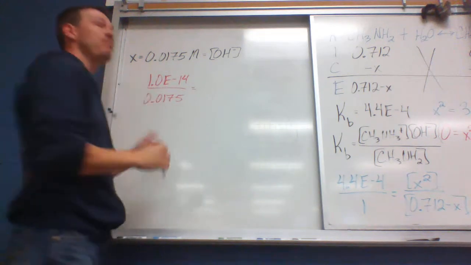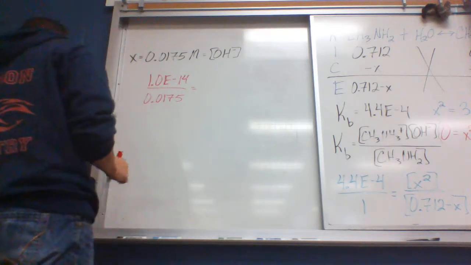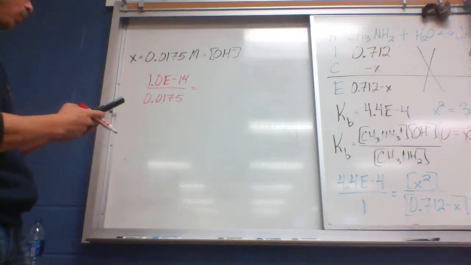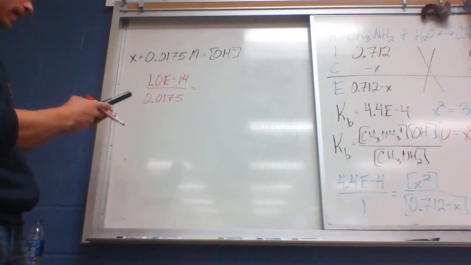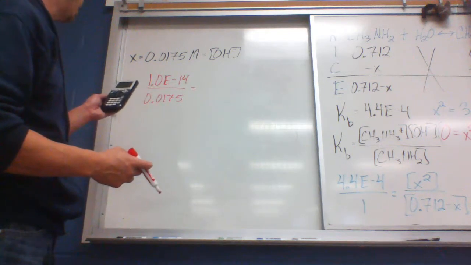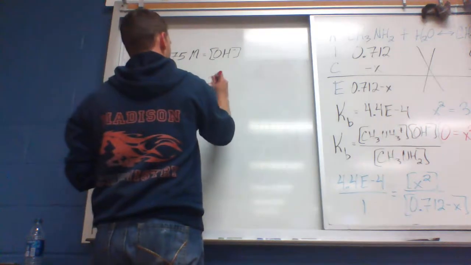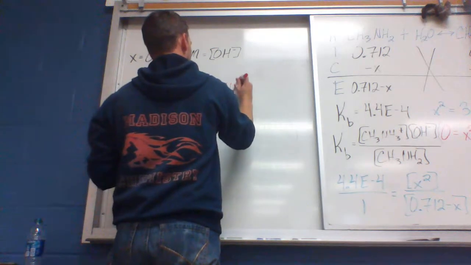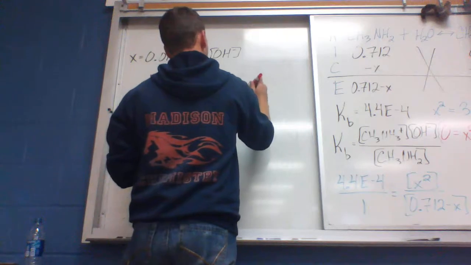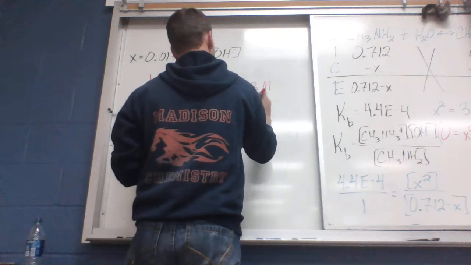That will give me an H plus concentration, which gets me towards pH, but it still won't be done. So 1E negative 14 divided by 0.0175, I get a value of 5.71E negative 13 molar. And this is H plus.